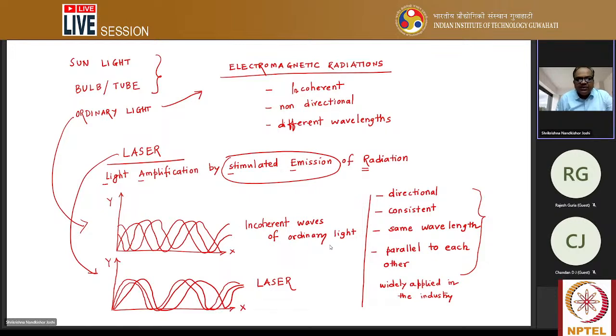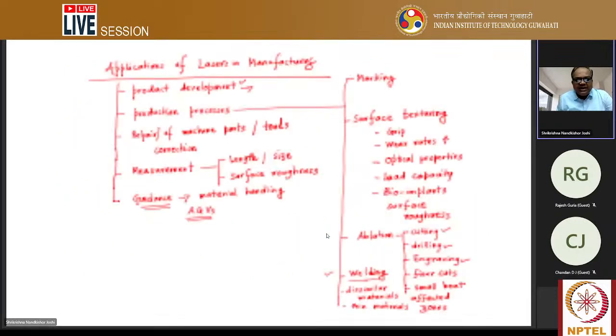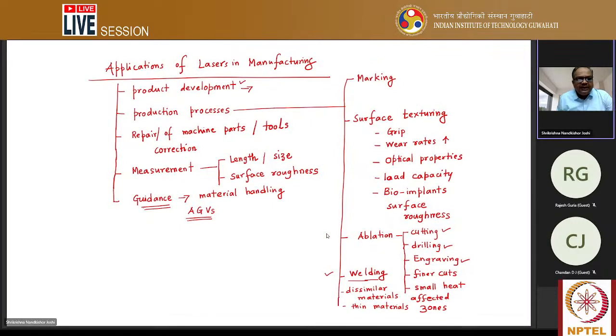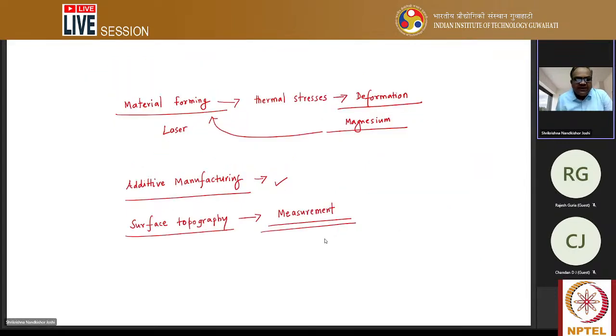That is a laser which is having coherency, directionality, consistency, and of same length, and waves are parallel to each other. So we have seen all the theory related to the lasers in manufacturing, various applications of lasers in manufacturing in detail that we have seen.